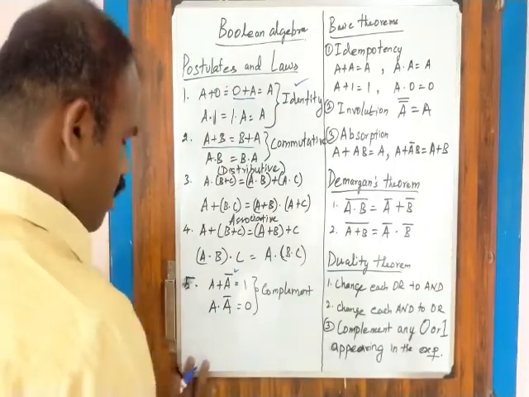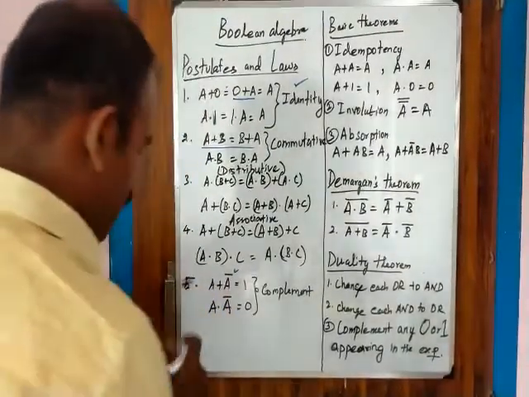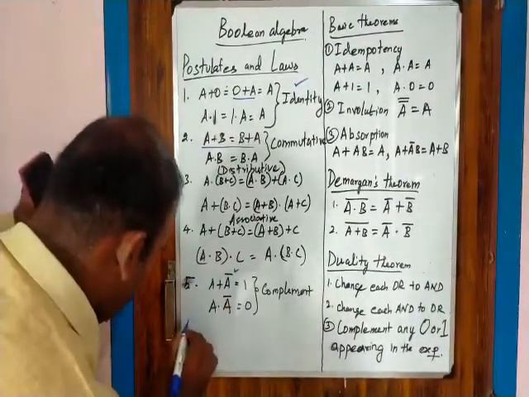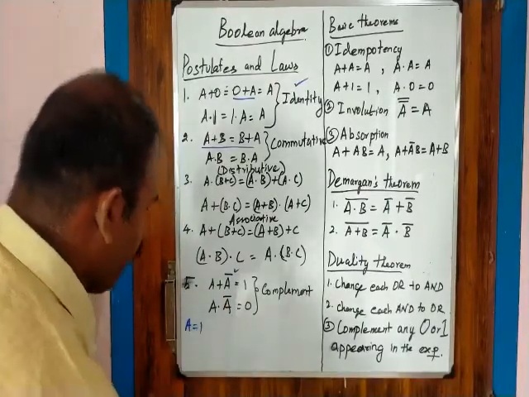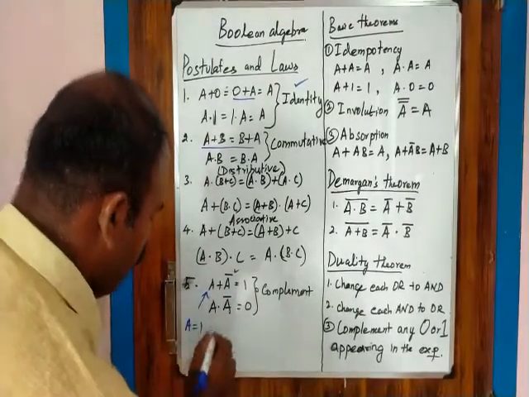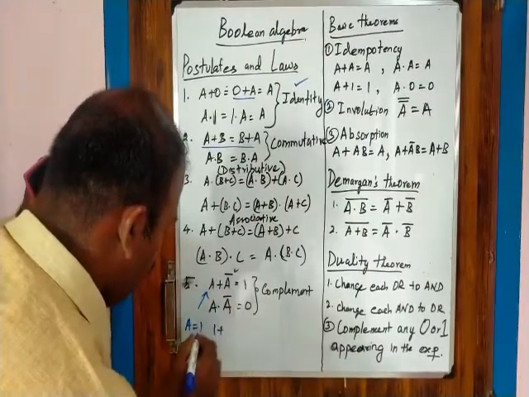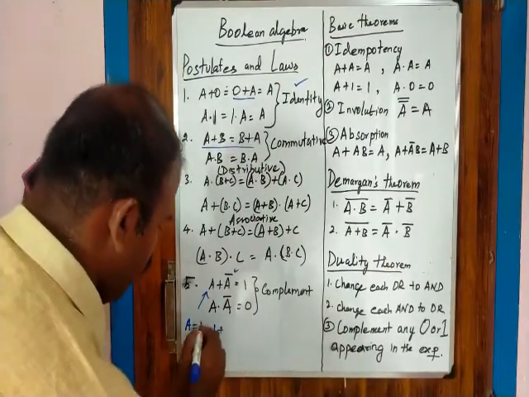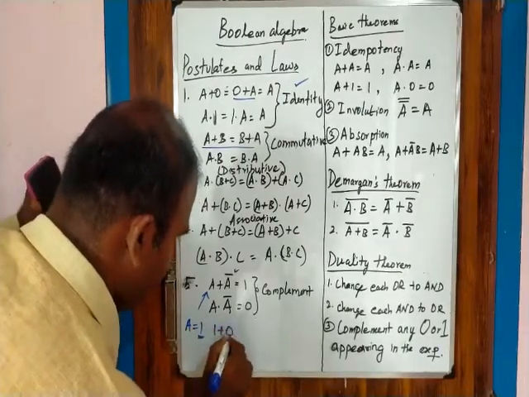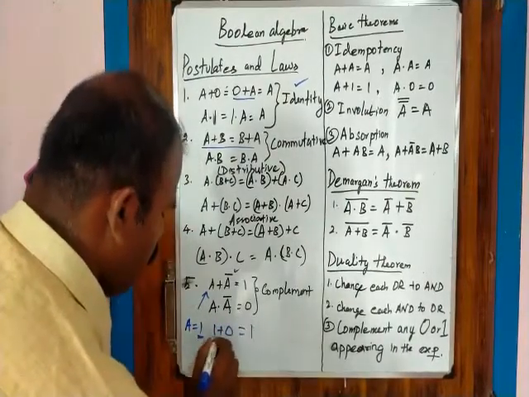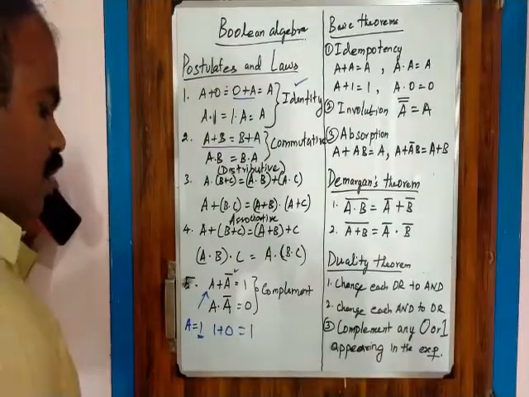We can check this with an example. Put A equal to 1 in this equation. We get A is 1. A bar means complement of A. That is, complement of 1 is 0. So 1 plus 0 equal to 1.